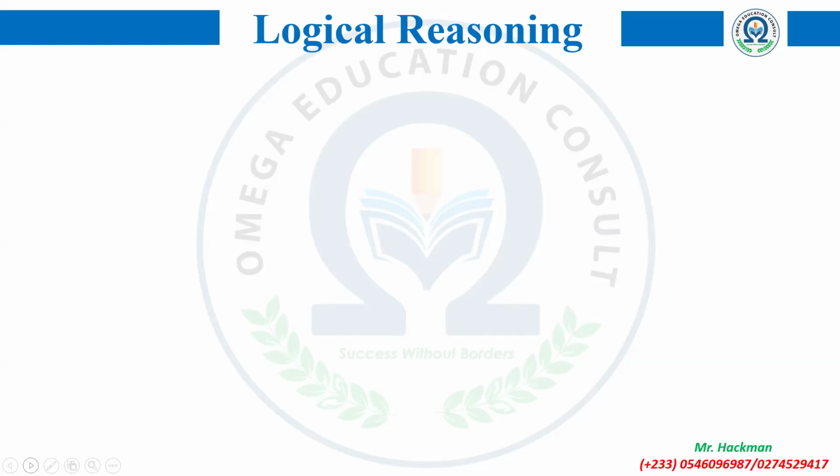So usually you'll be asked to determine the validity or otherwise of given statements based on your original statements, and your original statements are usually called your premise or premises. That's the foundation of your argument.